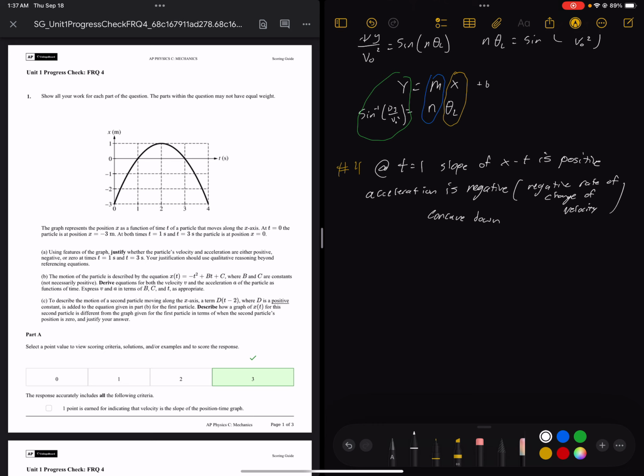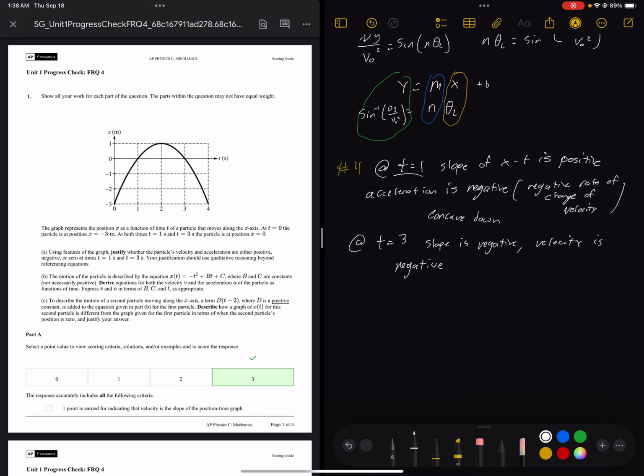And then it says here for the velocity, if we evaluate the velocity at t equals 3, I know that the slope is negative, so the velocity is negative at t equals 3.